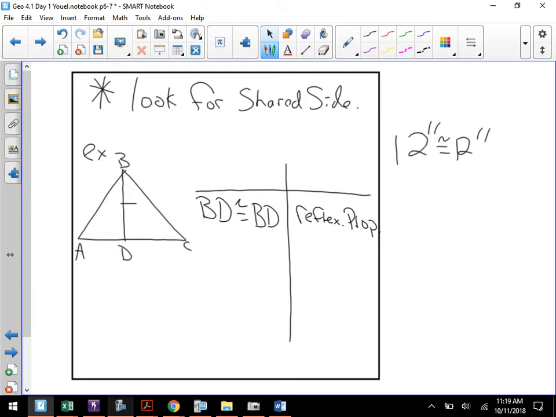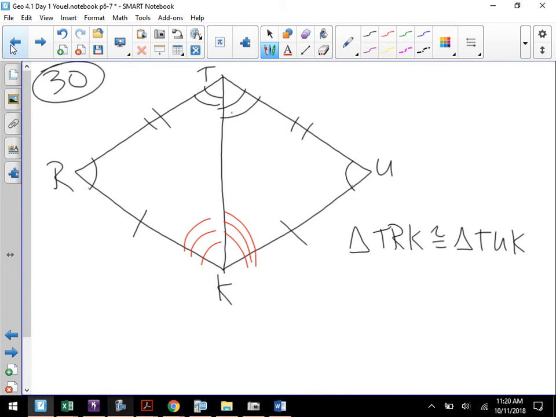I completely overlooked the fact that they brought this in this section. I thought it was a later section, so when I was looking at the problems when we assigned that one, I forgot that this was there. So if you weren't sure on how to set up number 30, the only thing that you can do as of right now to show that things are congruent is draw the picture, fill in the blanks with the tick marks, and then for the example that we just did for 30, we could say that these 2 angles are congruent by the third angles, and then this side is congruent to itself because of reflexive.